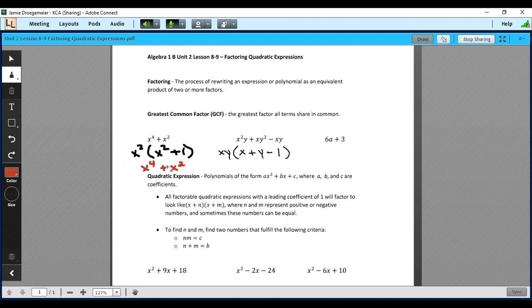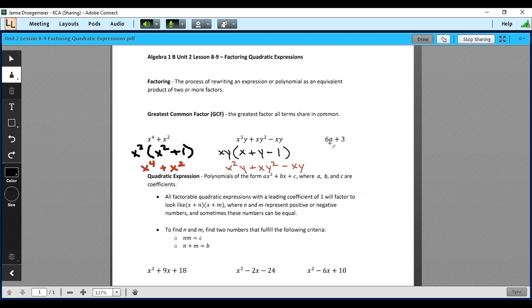And so again, if we look at distributing to check our work here, xy times x is x squared y, xy times y is xy squared, and xy times negative 1 is a negative xy. So you can always check your factoring to make sure you've got it correct.